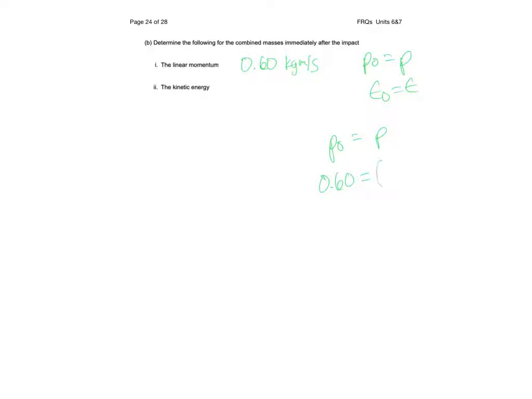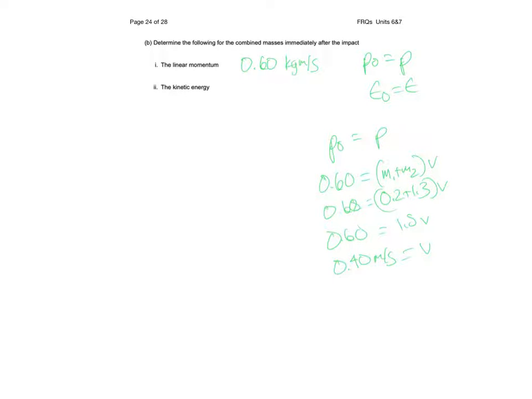And afterward, the two masses stick together, so mass 1 plus mass 2 times that final velocity. The first mass was 0.2 and the second one was 1.3. That gives us a total of 1.5, 0.6. And then we get velocity is 0.40 meters per second.